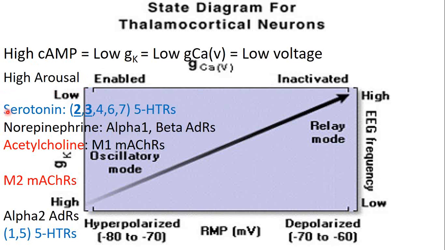Serving that are the serotonin receptors. We have 7 different kinds of serotonin receptors, and they're numbered, and I numbered them here. 5-HTR stands for serotonin receptor: number 2, number 3, number 4, number 6, number 7. I underline numbers 2 and 3 because those are receptors that are not controlled by G proteins.